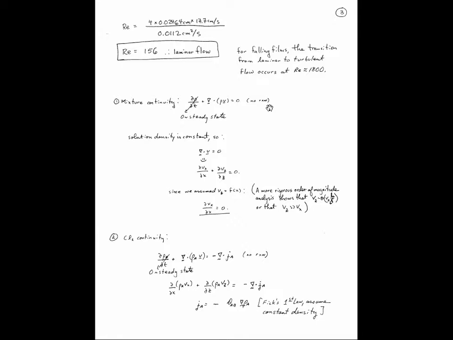And we are going to consider the steady state operation of this device, and so the transient term goes away. The only term that's left, given that the density of the system is essentially constant, is that the divergence of the velocity is zero, and that means that dvx/dx plus dvz/dz is equal to zero, since we have velocity components in the x direction.